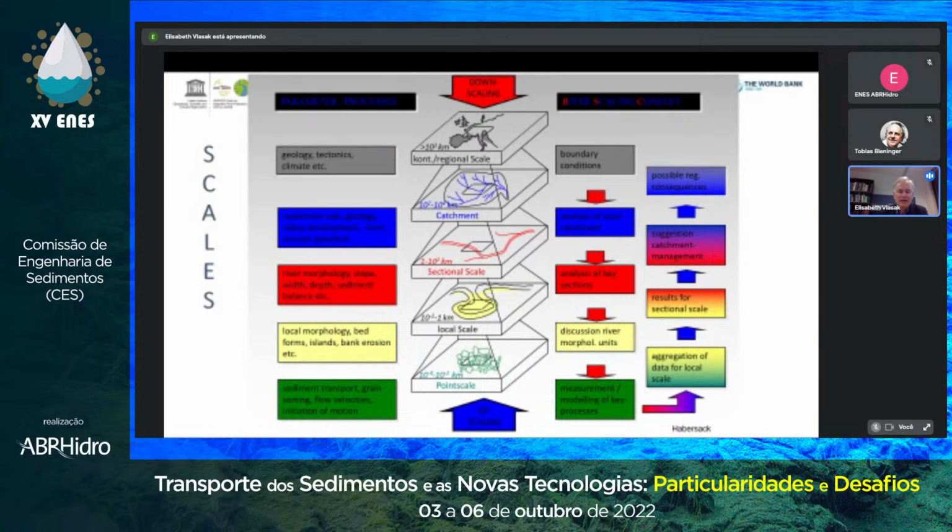And then, of course, even the continental or regional scale plays a role. Brazil is so large that it's in itself a very large region, but there, of course, geology, tectonics, and climate change also play an important role. So at the end, the sediment comes from the upstream part, determined by climate change and by land use change in the catchment, which of course determines the river situation, if you have regulation or not, the continuity interruption, and it ends up in the reservoir.